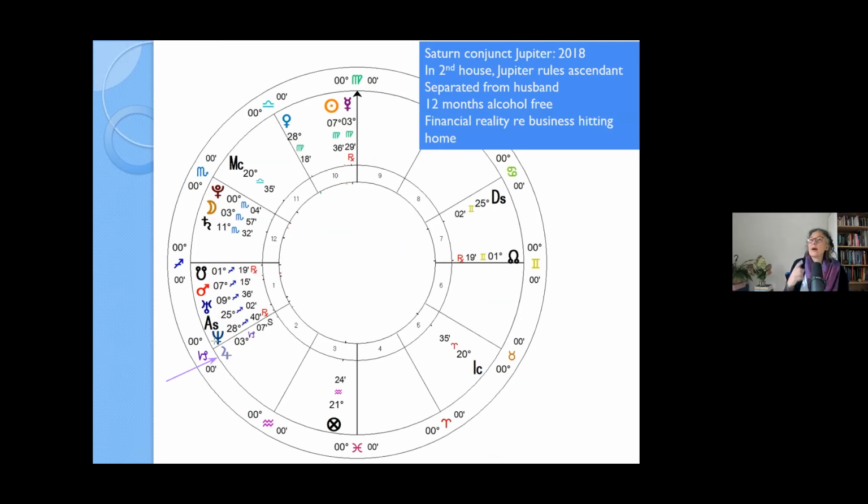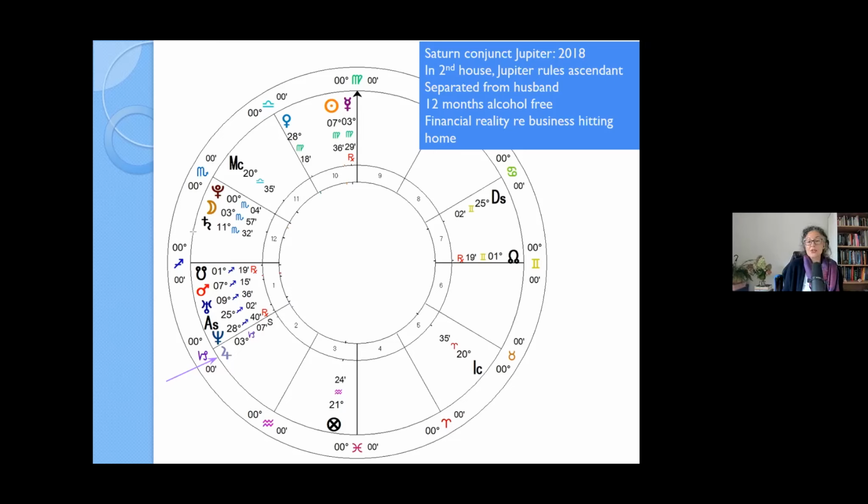Another way that I think about Saturn transiting a planet in detriment or fall is that there might be a fault line in your life that you are aware of and try to manage as best you can. Then the Saturn transit to this planet comes along and you realize that your managing, coping, or making-do skills about this fault line are not going to be enough, and a more substantial or permanent fix or repair is required. So that's what we're working through.